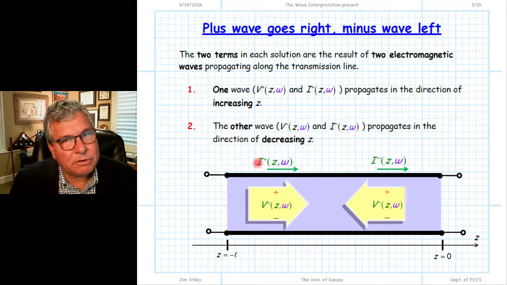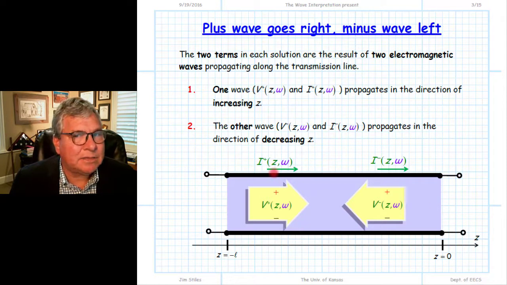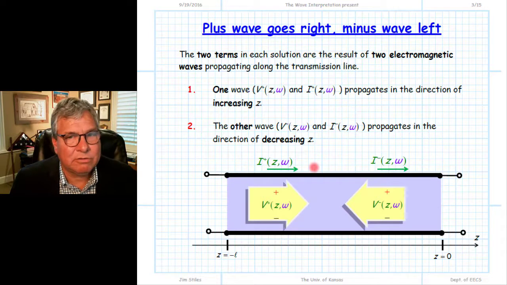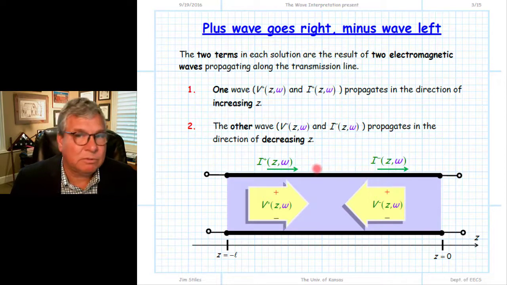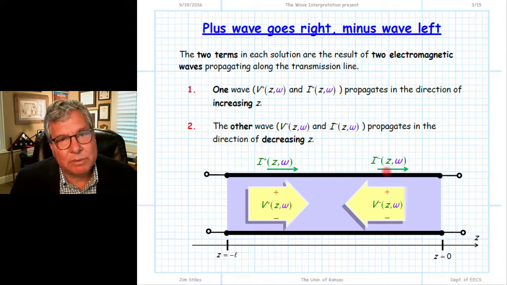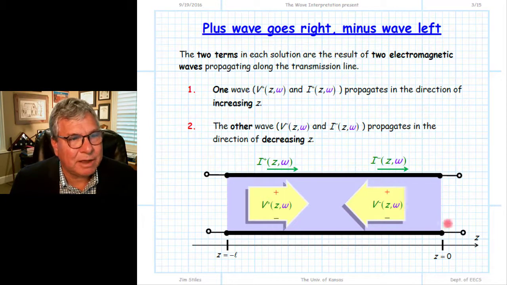And the circuit notation that we have for I plus, we write it as positive when going in the direction from left to right, the direction of increasing z. And of course, that's the same notation that we have for the total current when we sum the two together. And therefore, we use for the minus wave current, likewise, the same convention. The half cycle that it's moving from left to right in the direction of increasing z, we call that half cycle a positive current, and the other half cycle then would be the negative.